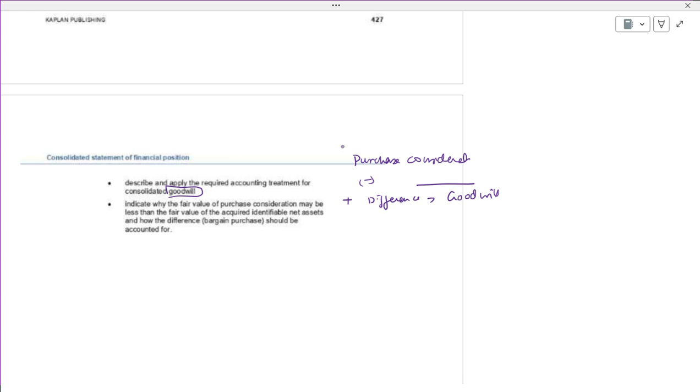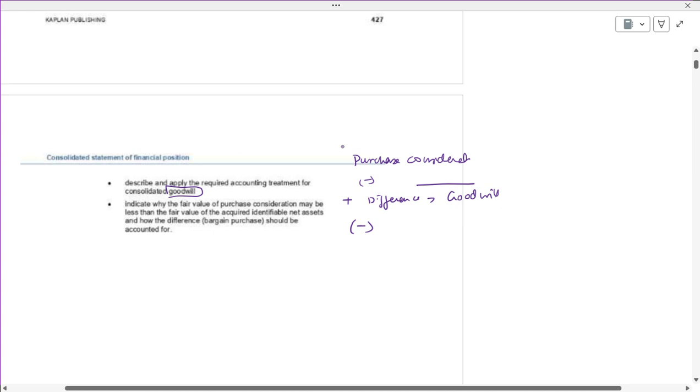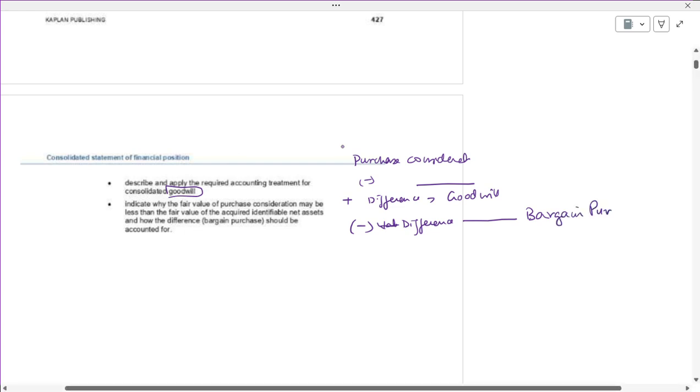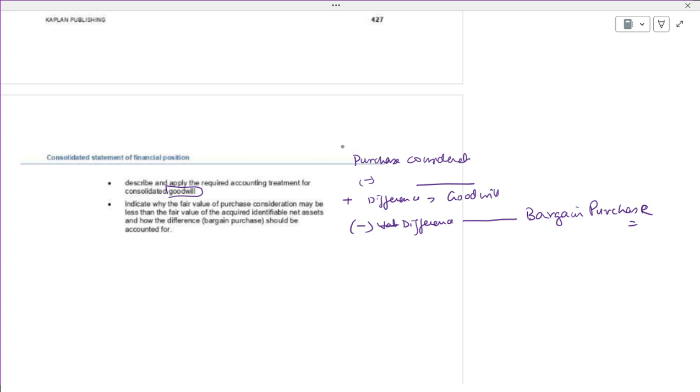Now, if the purchase consideration is less, sometimes there will be a negative goodwill also. I will not say negative, it is a negative difference. If there is a negative difference, then it is called a bargain purchase.